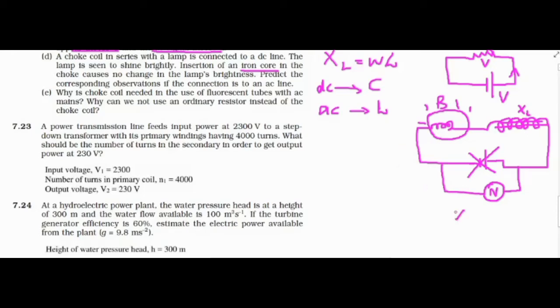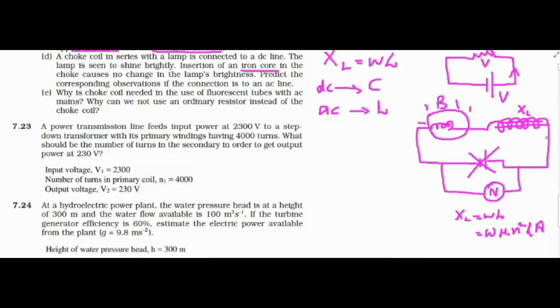And the formula for XL is equal to omega L, is equal to omega into value of L, which is mu naught n square L A. Now, in such a situation, bulb will glow with a certain brightness.